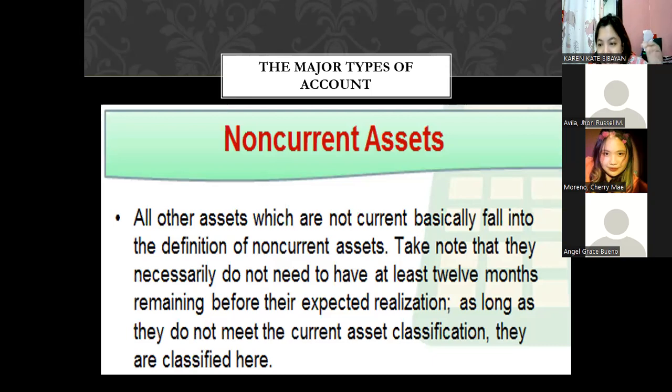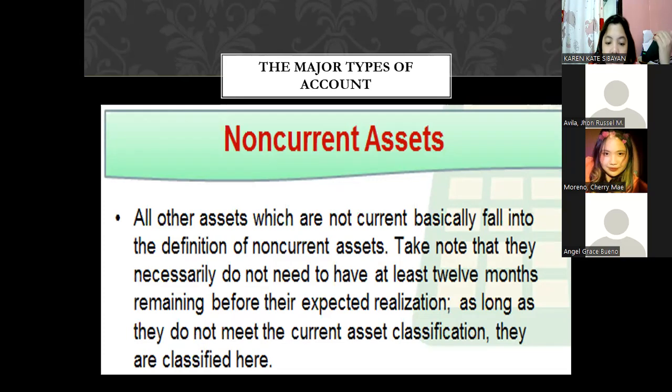So lahat ng hindi nabanggit natin na easily converted into cash, or hindi natin nabanggit na assets sa current assets, lahat po ay nagfo-fall na sa non-current assets. And take note that they necessarily do not need to have at least 12 months remaining before the expected realization.